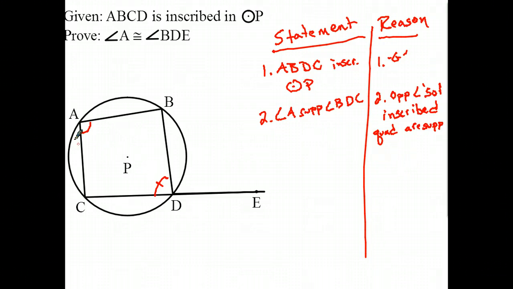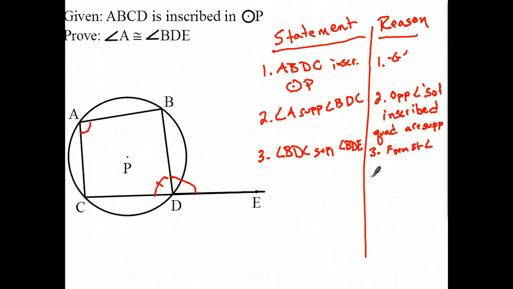If these two angles are supplementary, we can also say that angle CDB is supplementary to angle BDE because they form a straight angle. So we can say that angle BDC is supplementary to angle BDE because they form a straight angle.